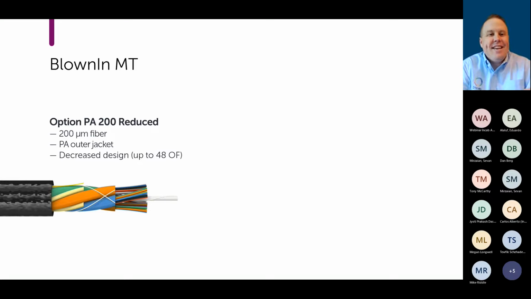And then if we really want to push it down, we go to our reduced design, 200 micron fiber, PA outer jacket. But what we're going to do here is limit the buffer tubes and the fibers in the buffer tubes. The main purpose of this cable is just to reduce that outer diameter, so we are going to be limited with the amount of fibers that we can use in this design.